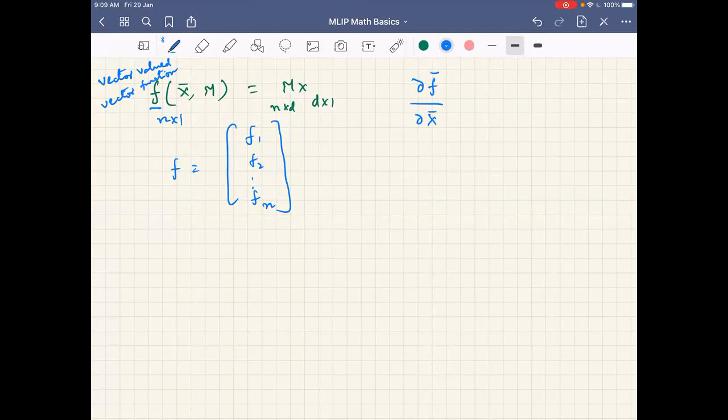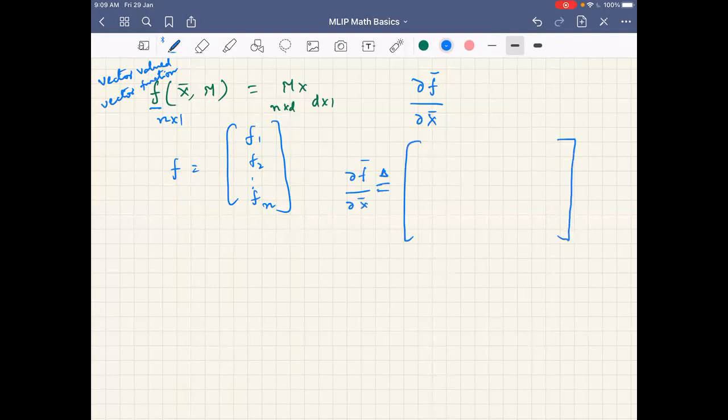Can any of you tell what we should do to find this? Any idea how we should proceed for finding dou f by dou x? What does it mean first of all? Those who want to guess, quickly guess.